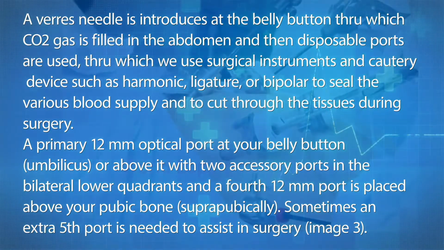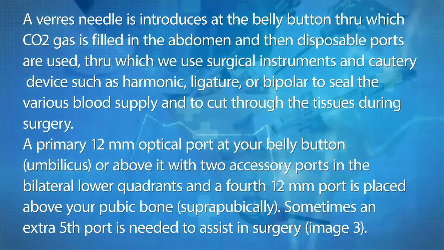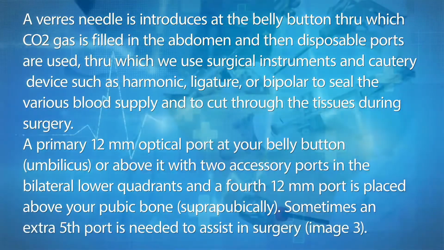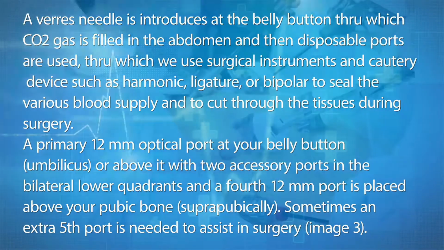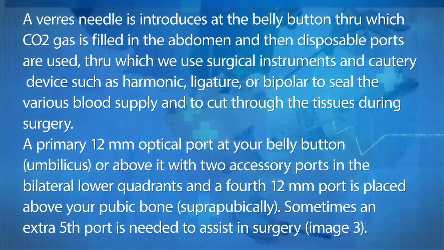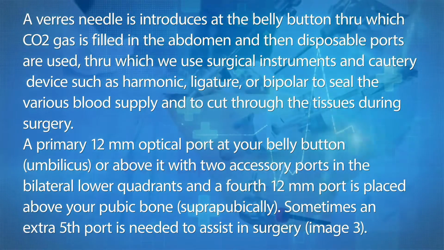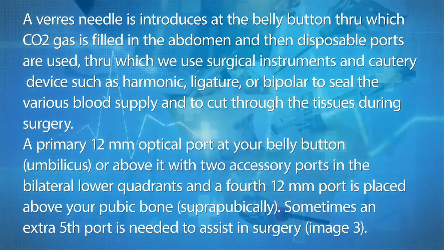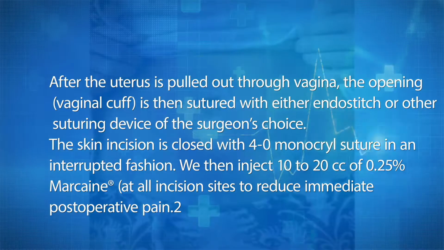A primary 12 mm optical port is placed at your belly button or above it, with 2 accessory ports in the bilateral lower quadrants, and a fourth 12 mm port is placed above your pubic bone. Sometimes an extra 5th port is needed to assist in surgery.